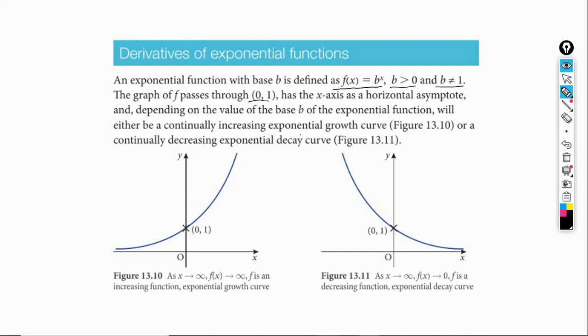It has the x-axis as a horizontal asymptote, and depending on the value of the base b, it will be continually increasing, or continually decreasing, which is exponential decay. The one on the left is exponential growth, because as x increases, the function increases. And this one is exponential decay, because as x increases, the function decreases.